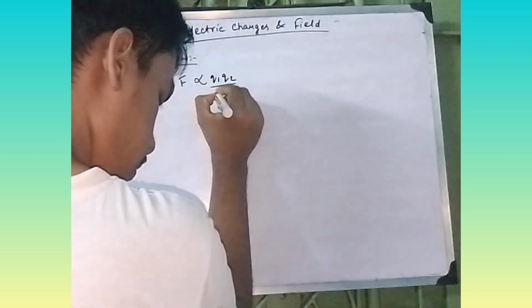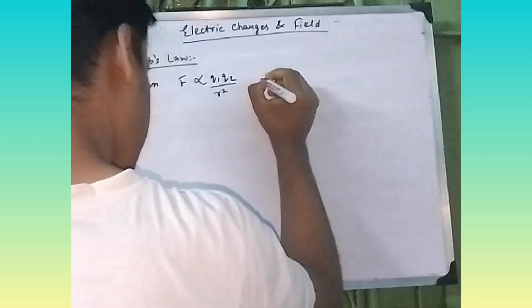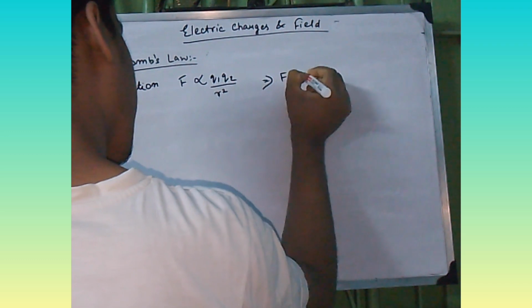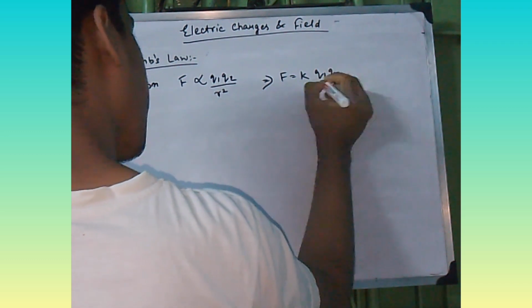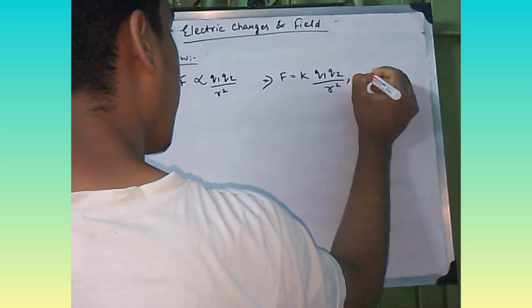Now let's come to the equation where F is proportional to q1 q2 divided by r square, where q1 q2 are the charges.